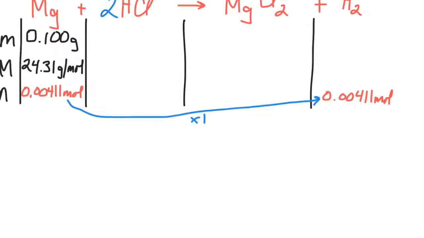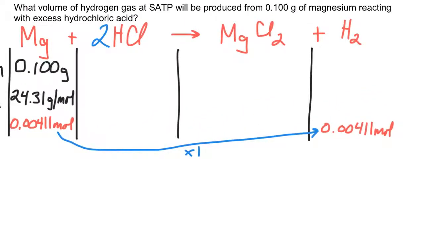So I can look at the question and realize it's talking about SATP. These are standard ambient temperature and pressure. I know the molar volume of a gas at those conditions. So I can use my molar volume formula. And I want to know the volume. So it's equal to the number of moles multiplied by the molar volume at SATP.